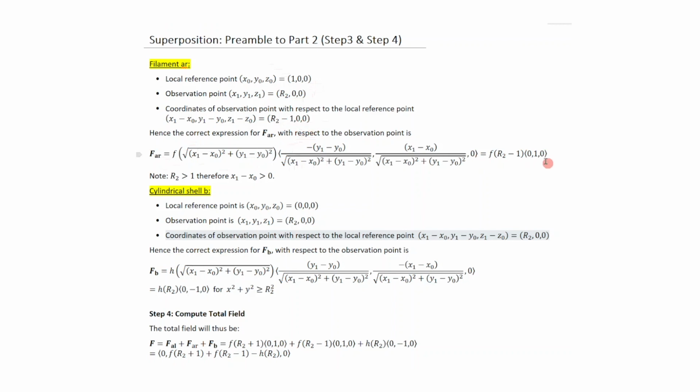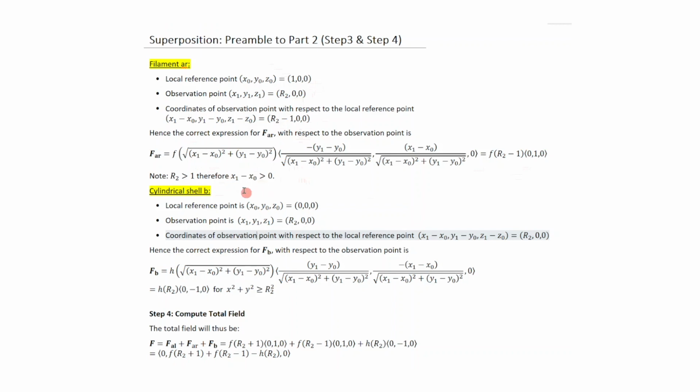And we end up with this expression here. Note that R2 is greater than 1. Therefore, x1 minus x0 is greater than 0, which can be determined from the initial XY trace in the problem statement.